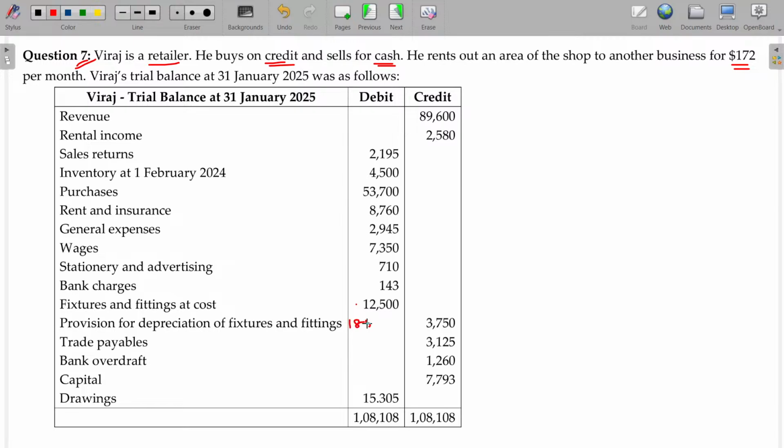You have to add it with this, and it will be a profit and loss expense. Two records: one is added here, another one is recorded here.